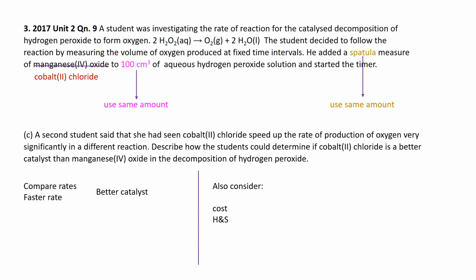Manganese 4 oxide is completely innocuous. It just looks like powdered charcoal. It's fine. Cobalt chloride, on the other hand, is a danger for the aquatic environment and so on. So even if cobalt chloride is a much better performer than manganese oxide, it's more expensive and more hazardous. So always think about such things, even if the A-level exam is not looking for those.